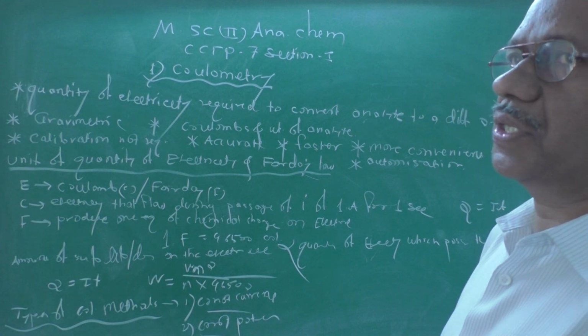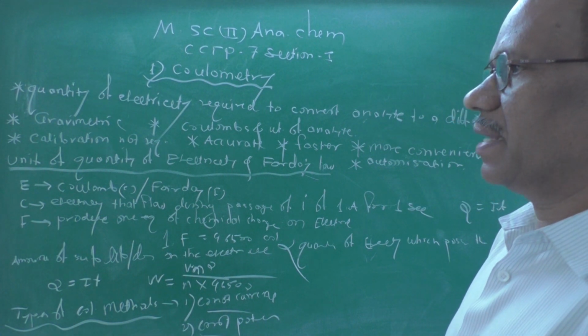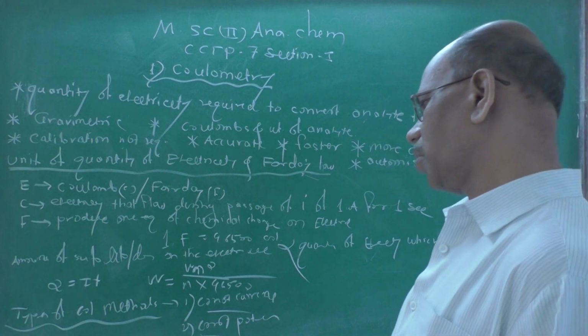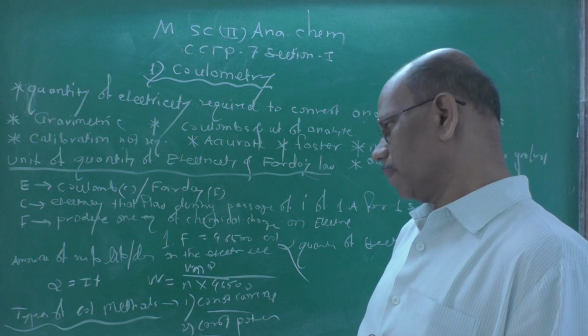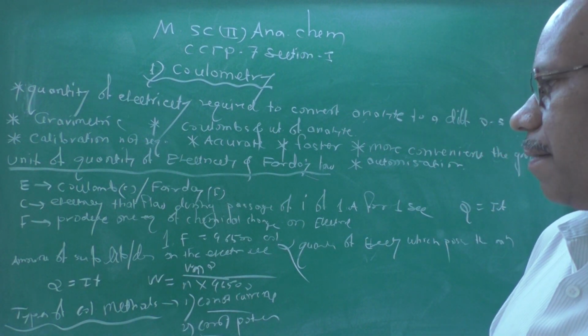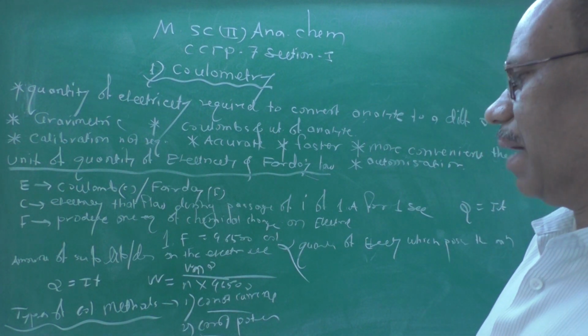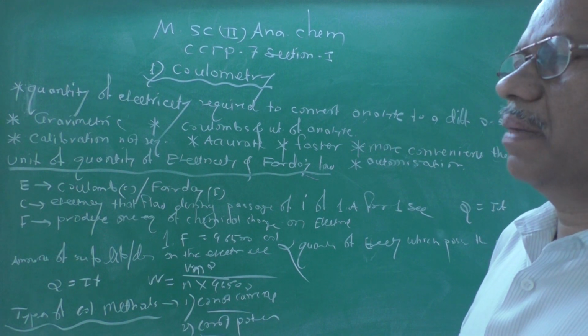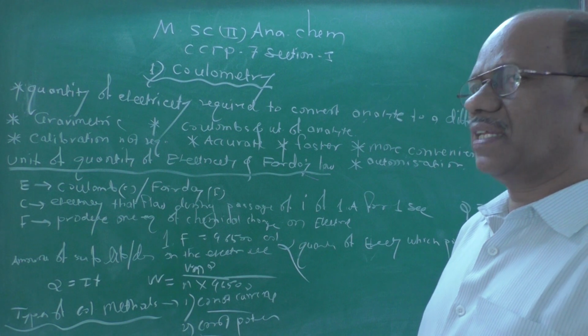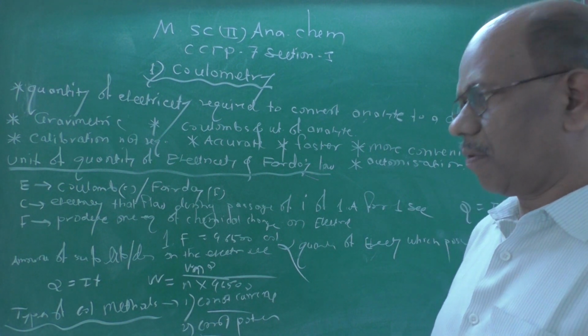So W is equal to Wm multiplied by Q divided by N multiplied by 96,500, or W is equal to Wm multiplied by I multiplied by T divided by N multiplied by 96,500. So it is Faraday's first law.